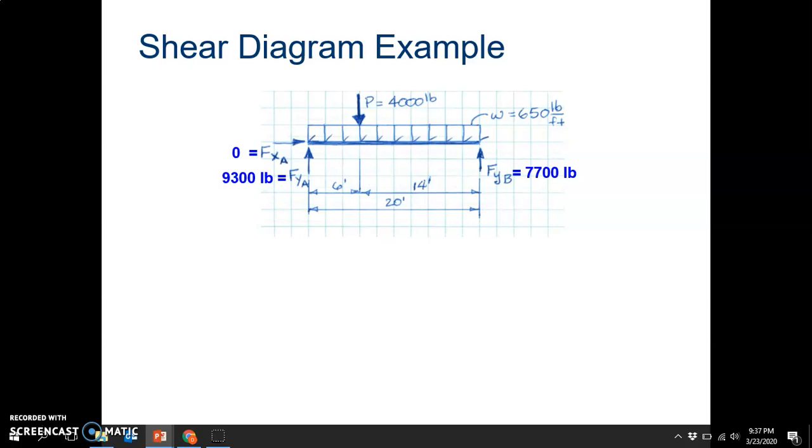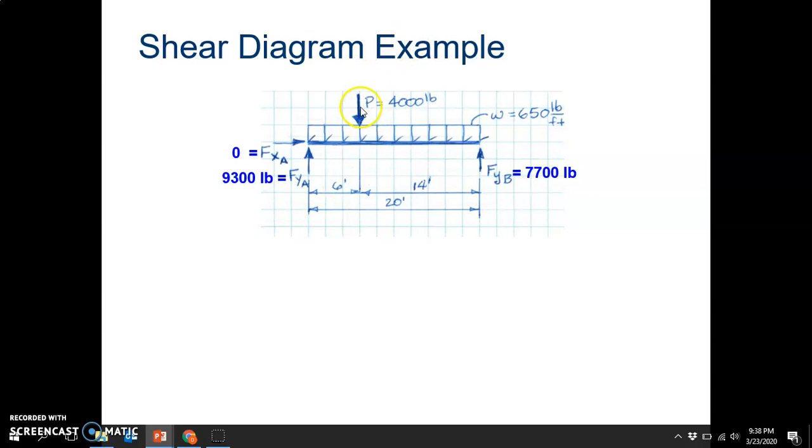Okay, so now we will start with our shear diagram right underneath it. And the first thing you would do, we start at 0, is go up your reactionary force. I would go up 9,300 pounds.